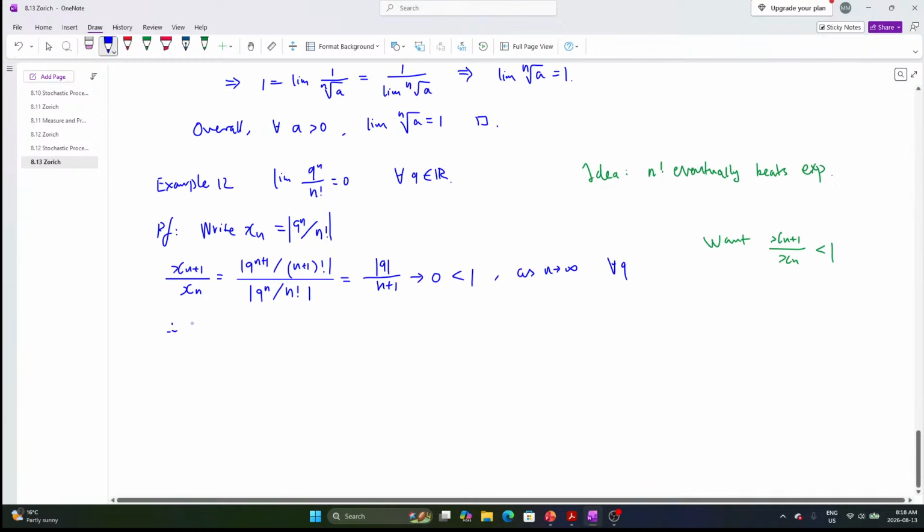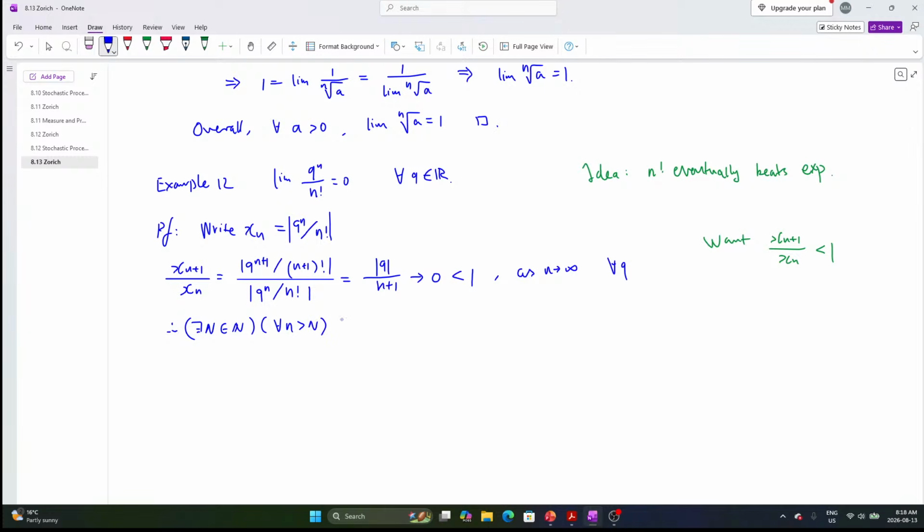So therefore, there exists big N as an index such that for all n greater than big N, the ratio xn plus 1 over xn is less than 1. Right, so this is eventually decreasing, i.e. xn as a sequence is eventually decreasing.